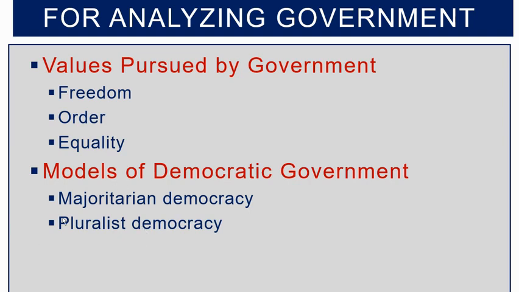But what I want you to understand about this is there are certain values pursued by government. We talked about that. Freedom, which basically is one value. Order and equality. Freedom is you being able to do what you want to do. Order is the government controlling your behavior to some extent. And equality is government making everyone come out on the same playing field. Okay?